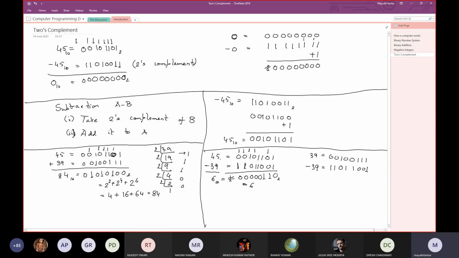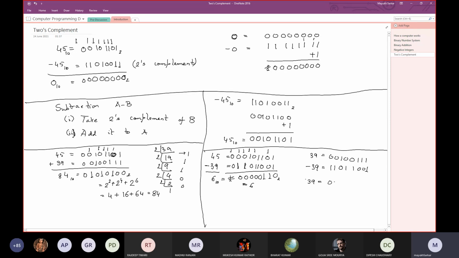Say, as for example, in fact, when this one occurred, we always consider that there is a 0 here, there is a 0 here, right? And that's why this one occurred. Whereas, as you'll see, if this is minus 39, let me show you. Suppose you are somehow representing it in 9 bits.